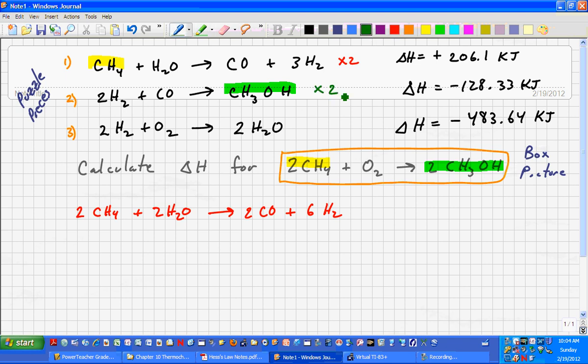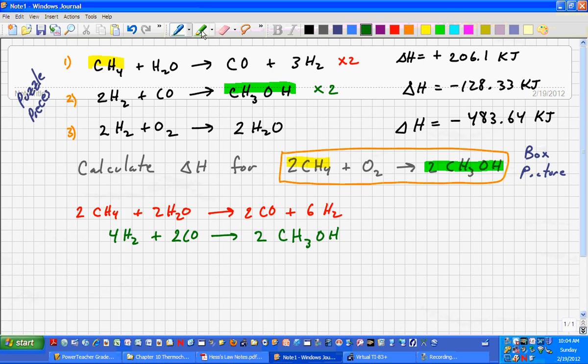So this is going to get doubled also, and what I'm going to wind up with is 4H2 plus 2CO, carbon monoxide, is going to produce 2 methyl, I think it's methyl alcohol, CH3OH. Again, I've distributed that too.